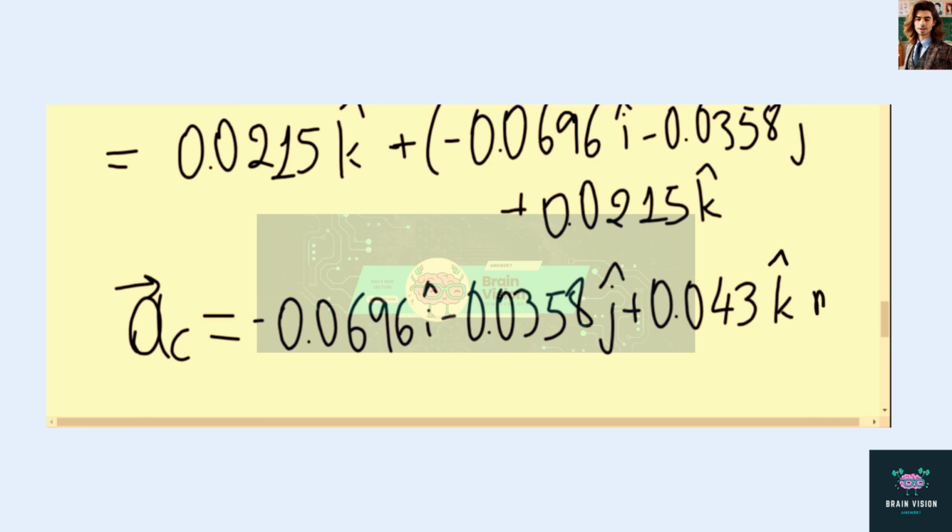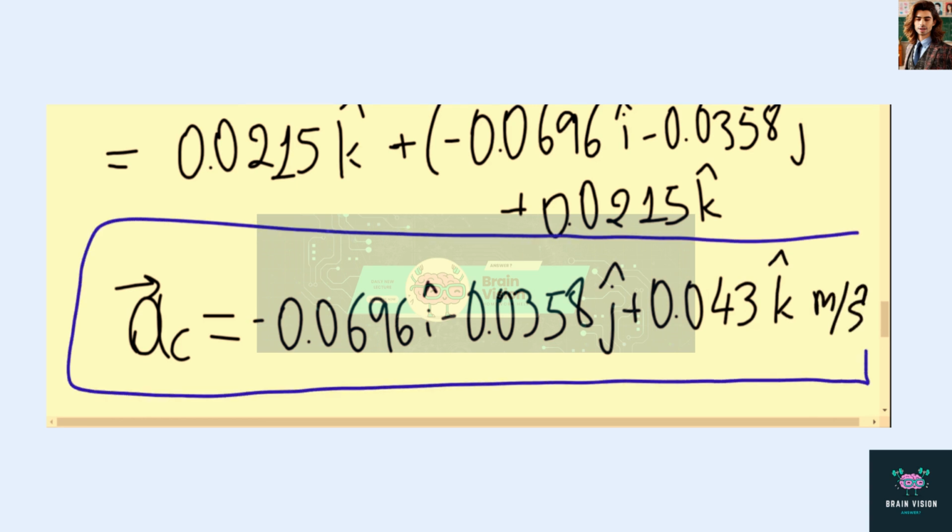This is, of course, meters per second squared, and this is the final result for task C.